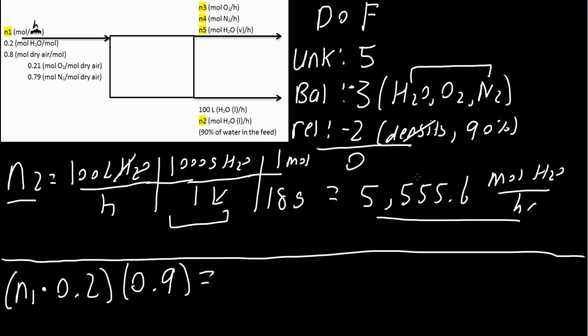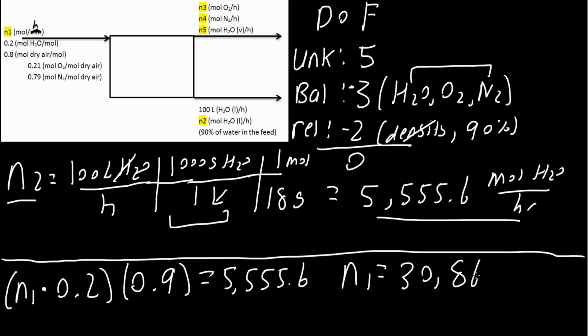We know N2 is 5,555.6, and by doing this we would get that N1 is equal to 30,864 moles per hour. So now we know N1 and N2, and we need to solve for these 3. This is where the balances come into play: H2O, oxygen, nitrogen, 3 balances, 3 unknowns, so now our problem can be solved.